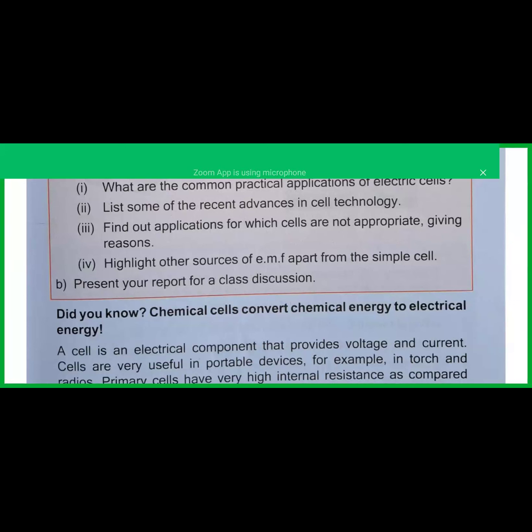Can you repeat for them? I mentioned earlier that a transformer works on the principle of electromagnetic induction, where a varying... Can you first tell us what electromagnetic induction means?